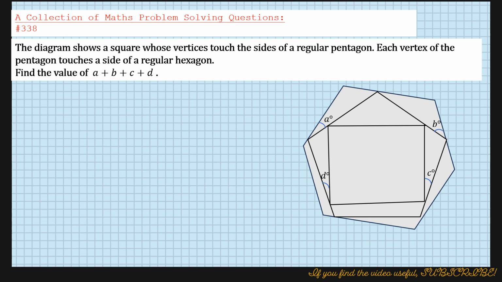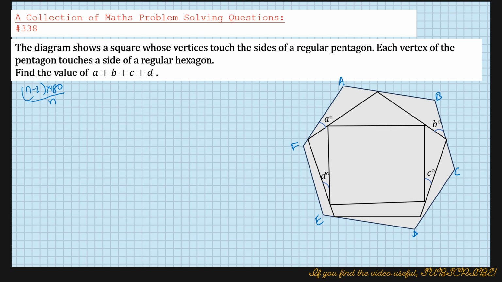So I will start with naming the hexagon first. So if I say A, B, C, D, E and F, and then you see the internal angles of regular hexagons. Now we can find that out quite easily using the formula (n minus 2) times 180 divided by n, where n is the number of sides.